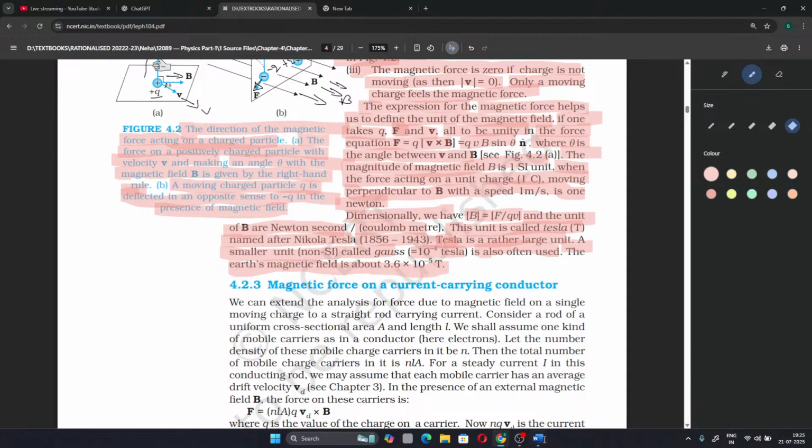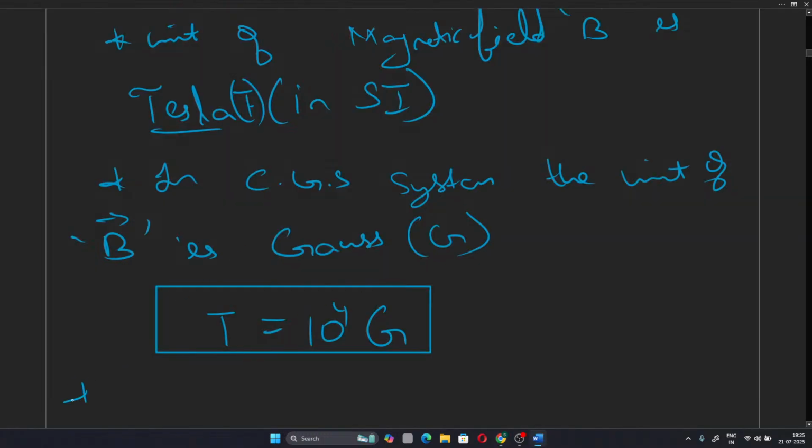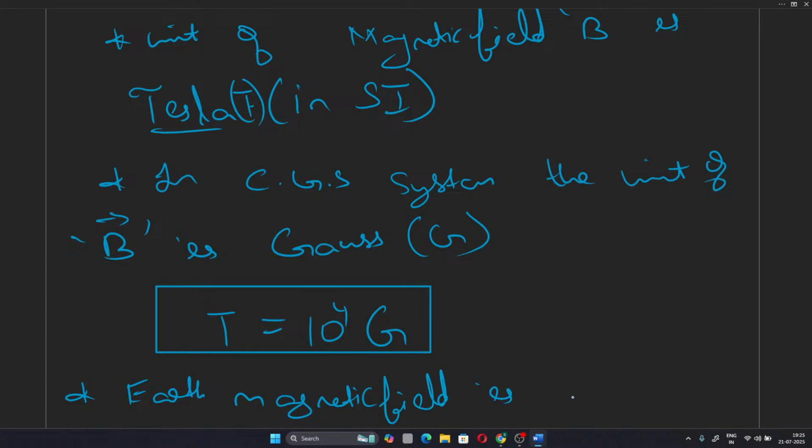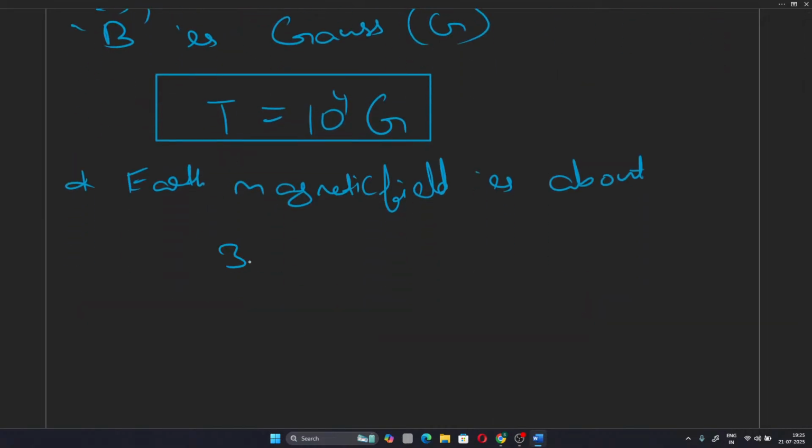And the Earth's magnetic field is about 3.6 into 10 power minus 5 Tesla, or 3.6 into 10 power minus 1 Gauss.